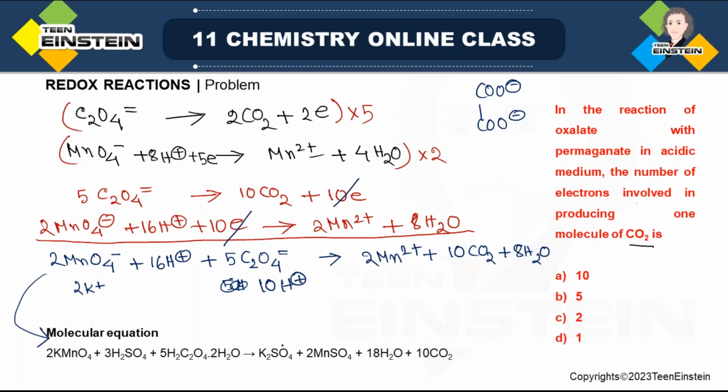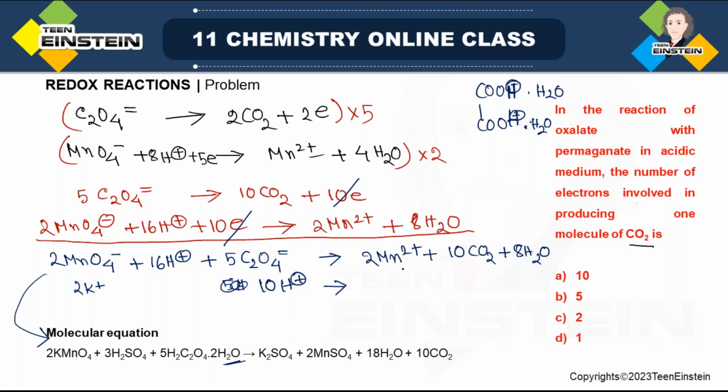Then only it will be oxalic acid. And here also you can see 2H2O. Basically when it is oxalic acid like this, I am just removing the negative charge. There is water of crystallization, so per molecule of oxalic acid there are 2 water molecules attached. In the ionic equation, I have avoided that for simplicity. But if you write the final neutral equation, the molecular equation, then we have to mention it, because oxalic acid is always associated with this water of crystallization.